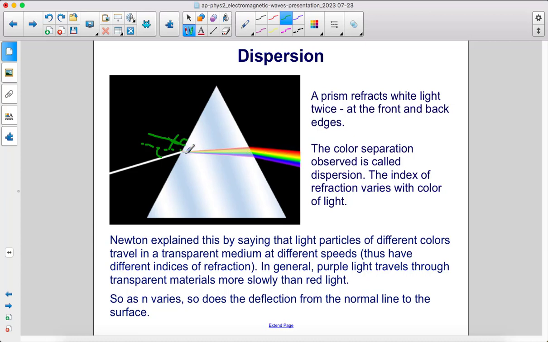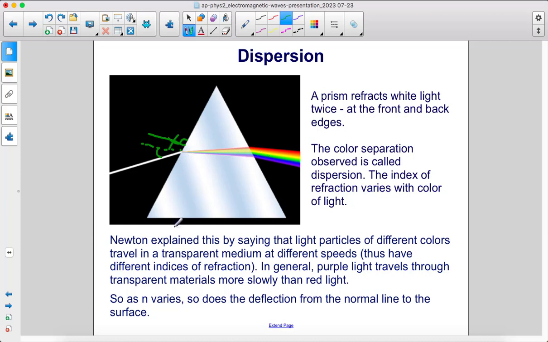The index of refraction varies with color of light. Newton explained this by saying that light particles of different colors travel in a transparent medium at different speeds, thus have different indices of refraction. In general, purple light travels through transparent materials more slowly than red light.